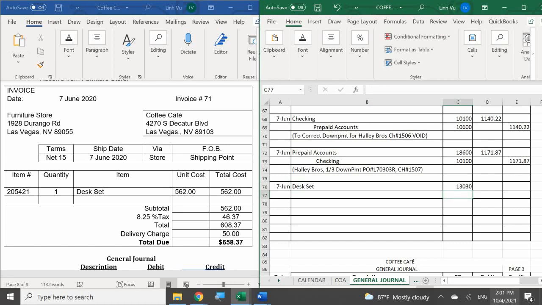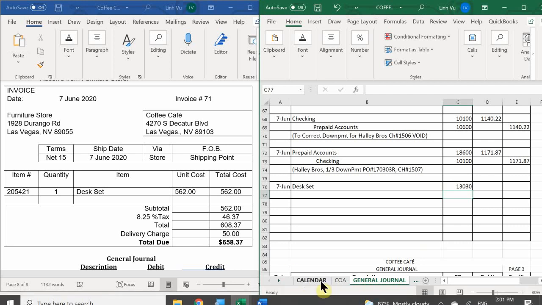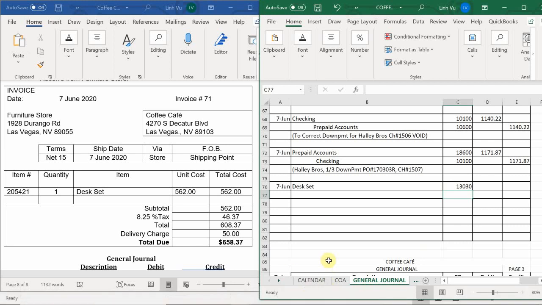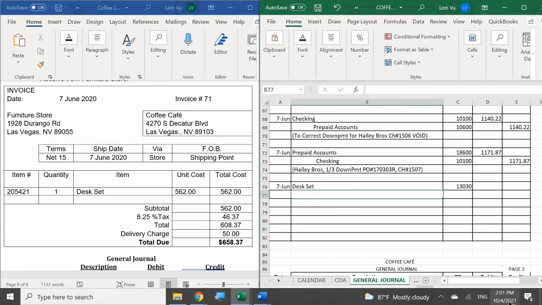Okay. And did we pay you something? No, we didn't pay yet. How many days do we have to pay? Net 15. So we have 15 days to pay it. So in this case, I'm not going to pay it now. I'm going to owe it on accounts payable.